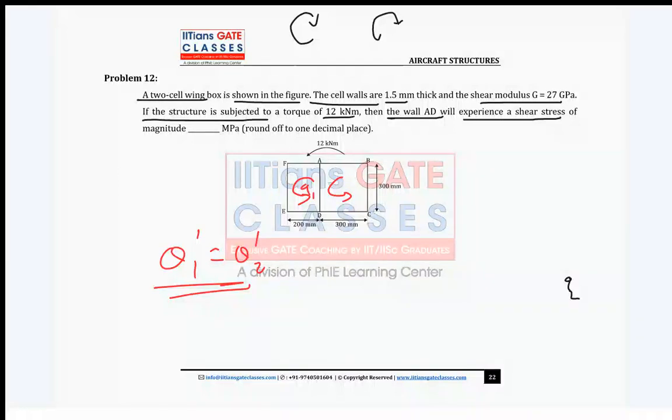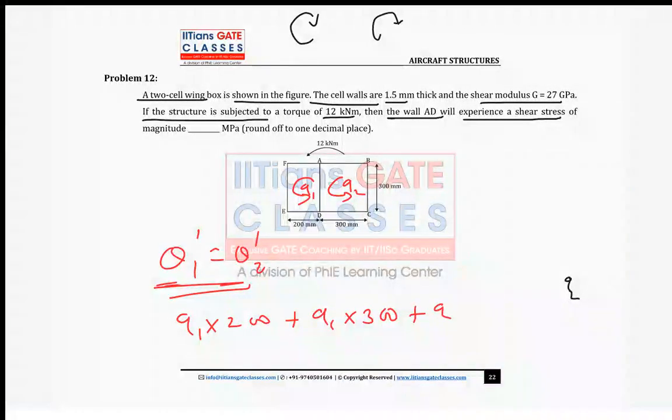Now, while finding theta 1, if you go in the same direction, you start from A to F. What will it be? It will be Q1 into 200, then F to E. What will it be, guys? F to E will be again Q1 into 300, and then E to D is what?